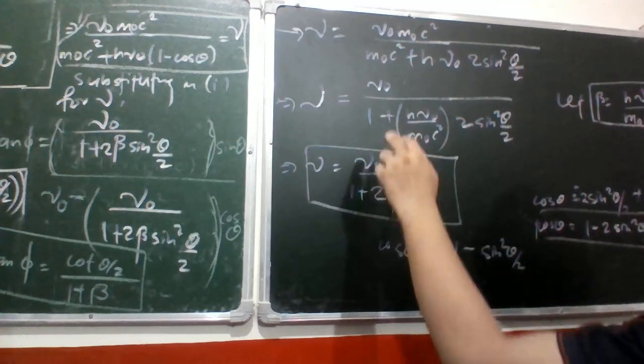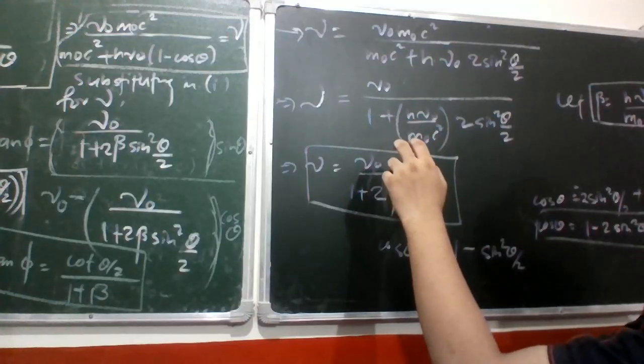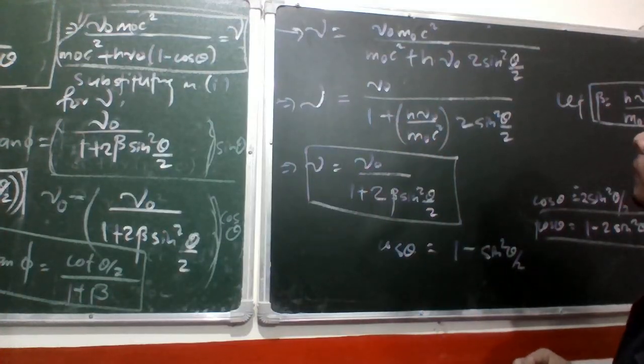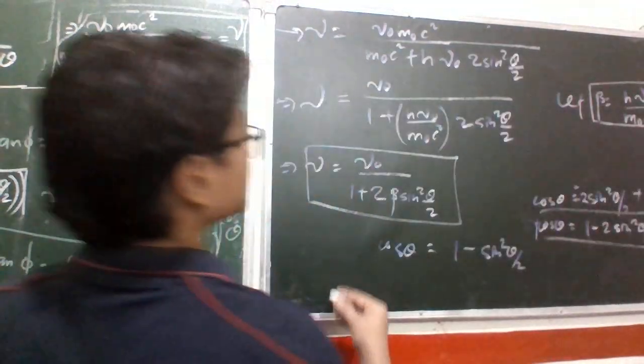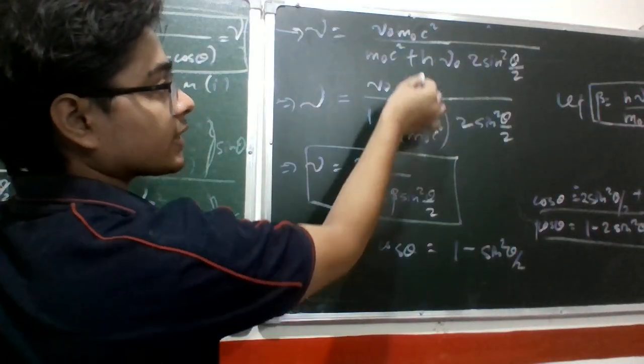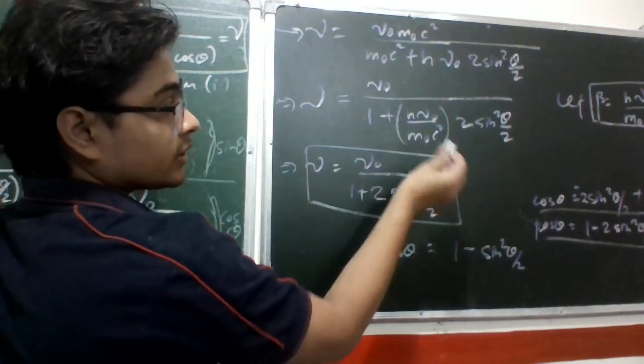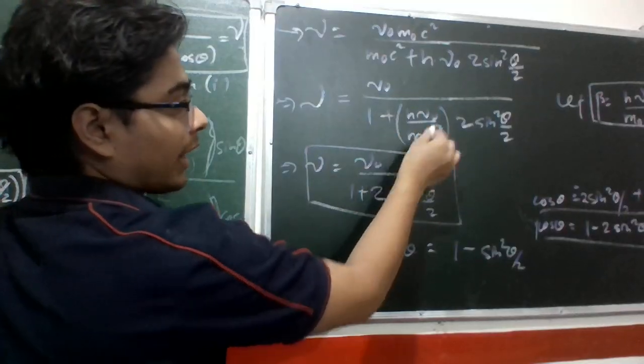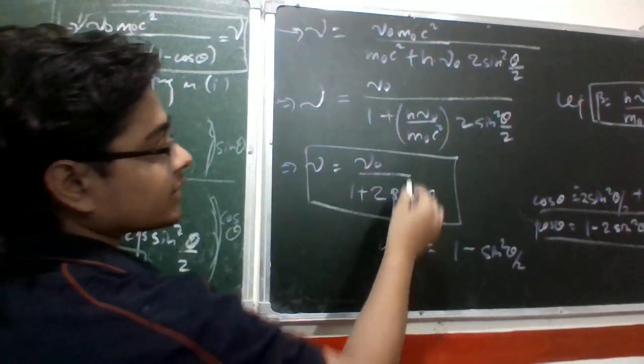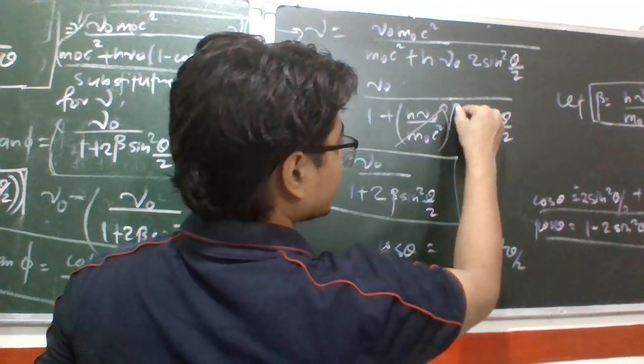Now what I did here is I divided both the numerator as well as the denominator by m naught, and when I did that I got this expression, and I considered this expression to be beta.